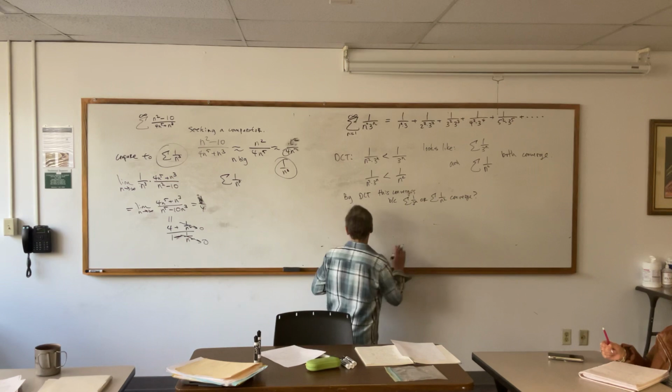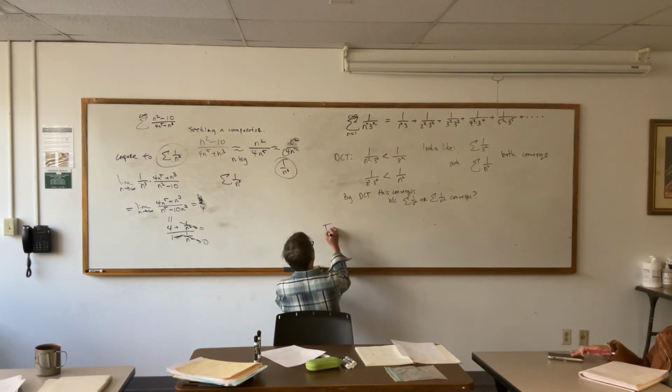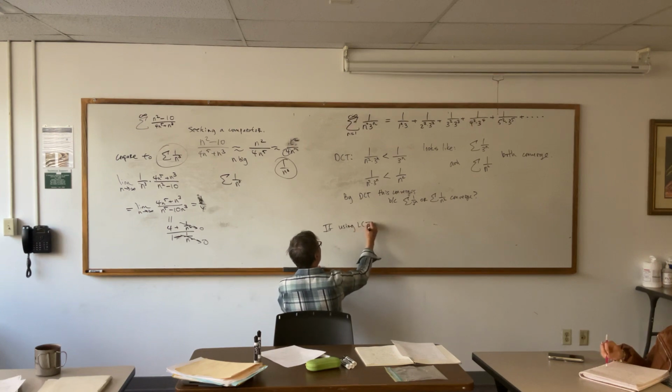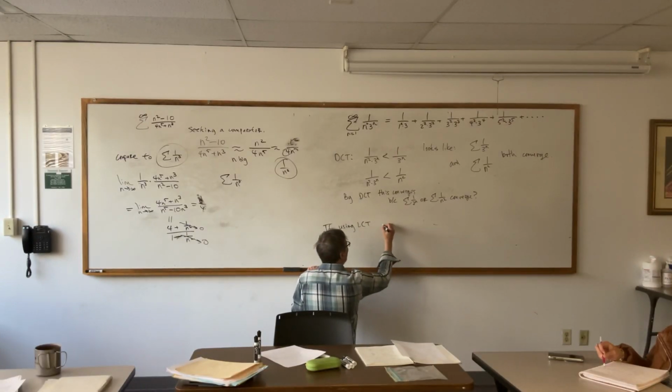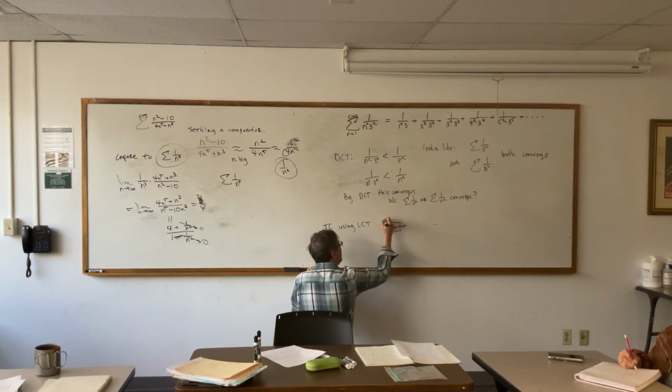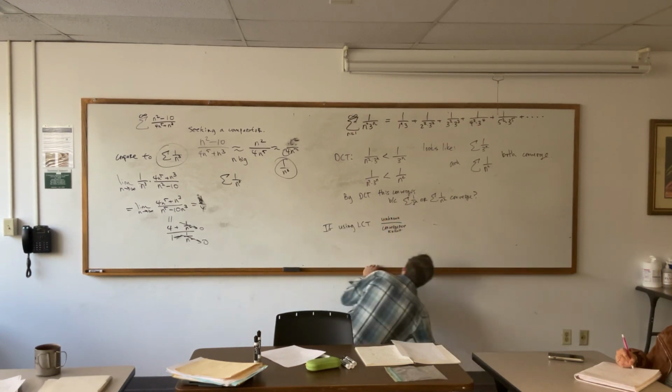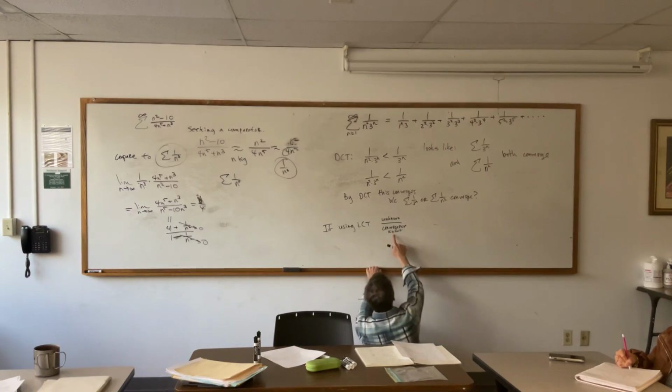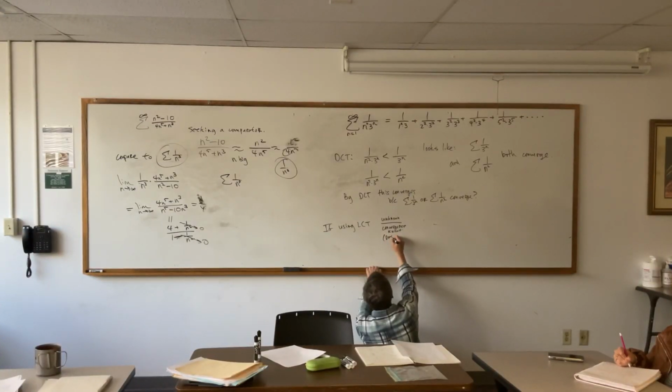So here's a little tip. If using the LCT and you have convergence known on the bottom, and you have your unknown on top, the key is the thing on the bottom has to be the one that does converge.